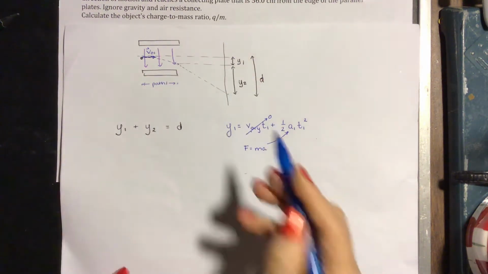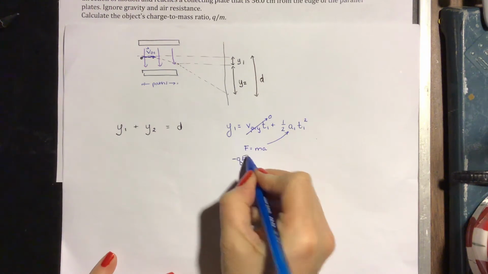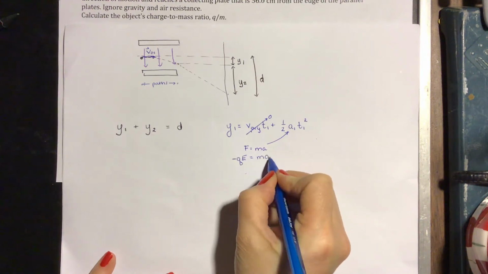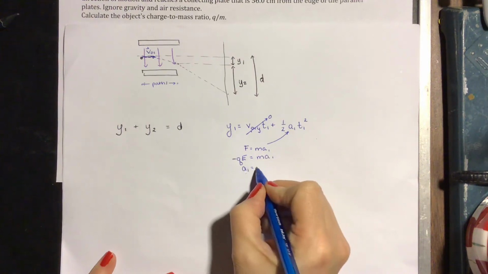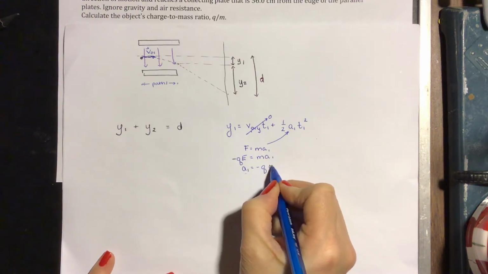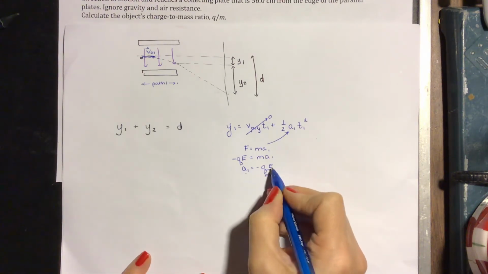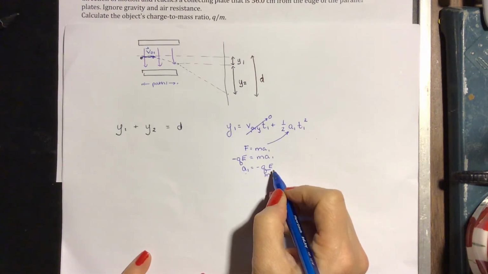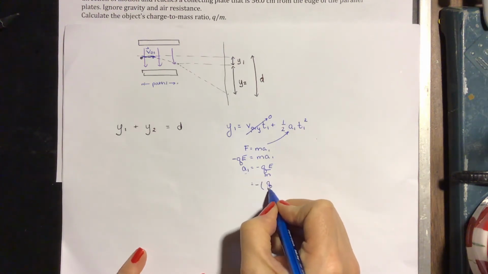So our electric force is minus q times the electric field. That's the mass times the acceleration. So our acceleration a1 is minus q times E over m. If we want, right here, we can put in some numbers. We know that our electric field is 800 newtons per coulomb. So we have minus q over m times 800.